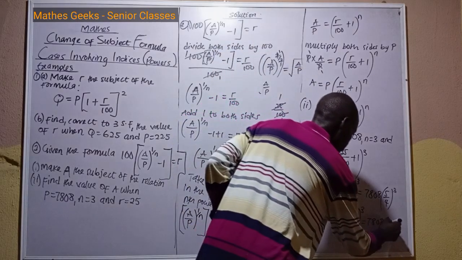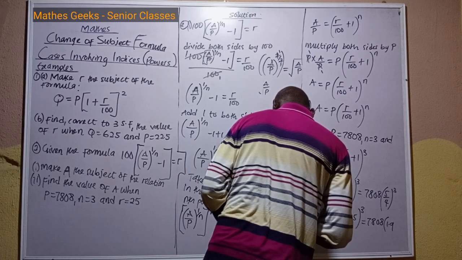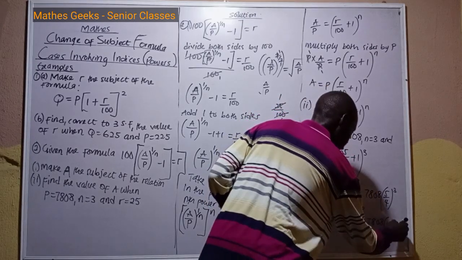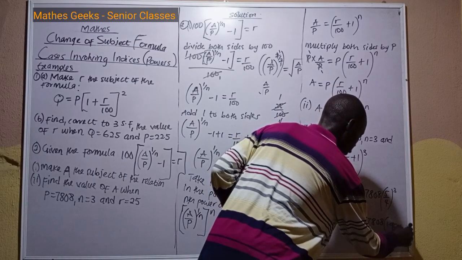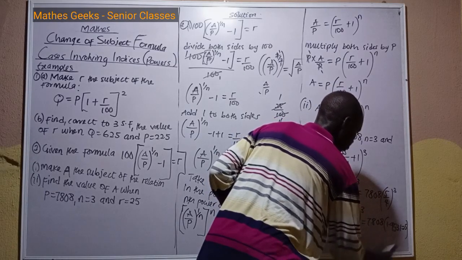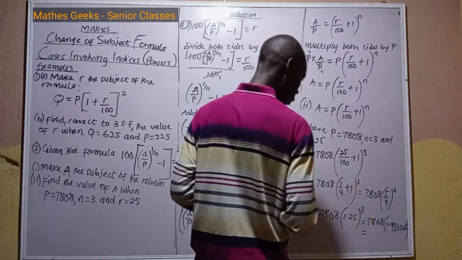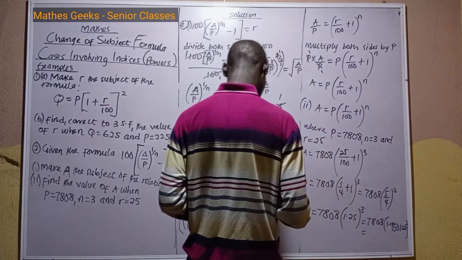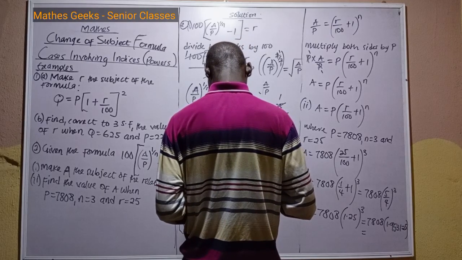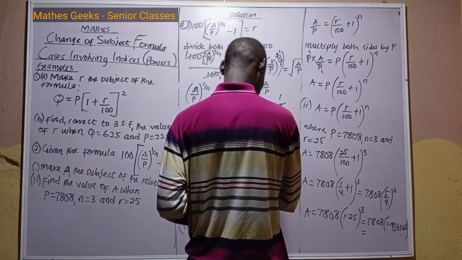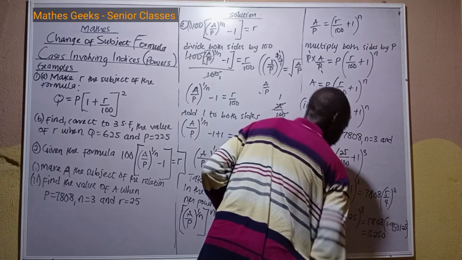1.953125. So multiplied by 7808, 1.953125 multiplied by 7808 gives 15,250.